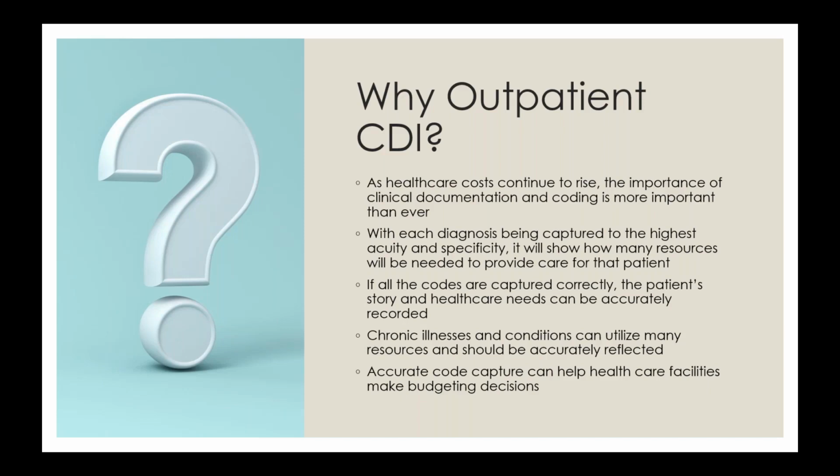So that's why it's important each year to make sure that we're capturing all of those diagnoses and giving that patient story each and every calendar year. Chronic illnesses and conditions can utilize many of the resources and should be accurately reflected. Because if you have a patient who has a lot of comorbid conditions, we may be sending them to different specialties.